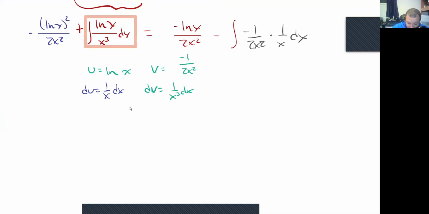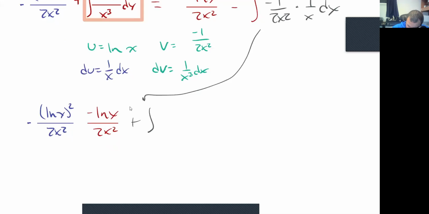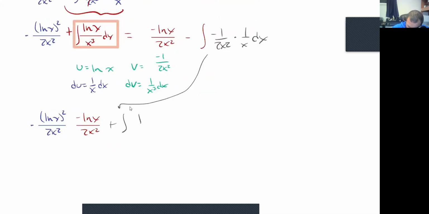Right? Again, we can clean things up a little bit. This is going to stay. This is going to stay. And then this last term is going to be now plus the antiderivative of 1 over 2x cubed dx, right?